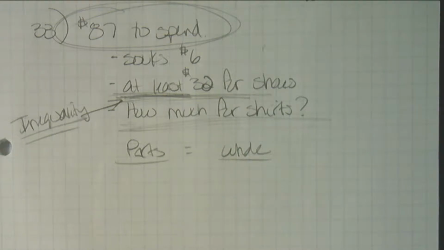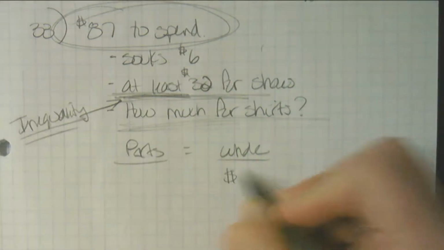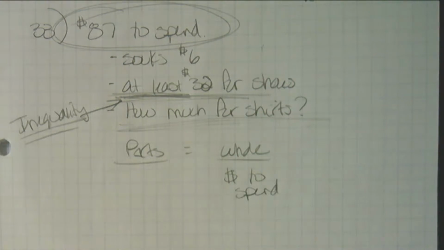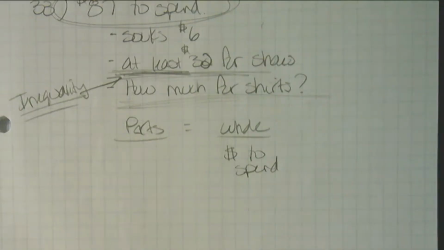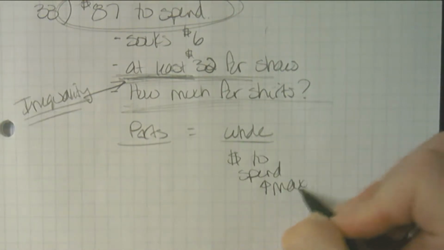So in this instance, what is my whole? Anybody? What is my whole? Pierre? Excellent. The money to spend. Is that a maximum that he has to spend, Pierre, or a minimum? That's a maximum. Okay.